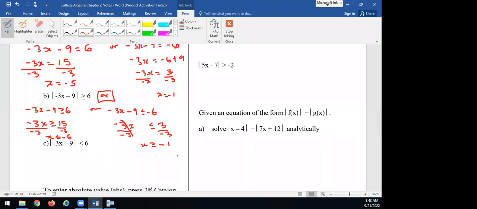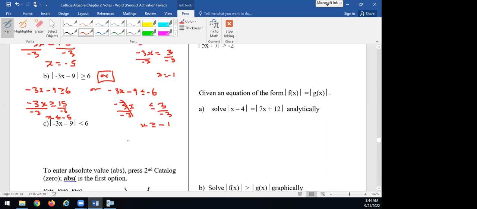How can I write my answer in interval notation? So x is less than or equal to negative 5, right? So that means that we're going from negative infinity to negative 5. And we're including the negative 5, so we're going to use a square bracket.